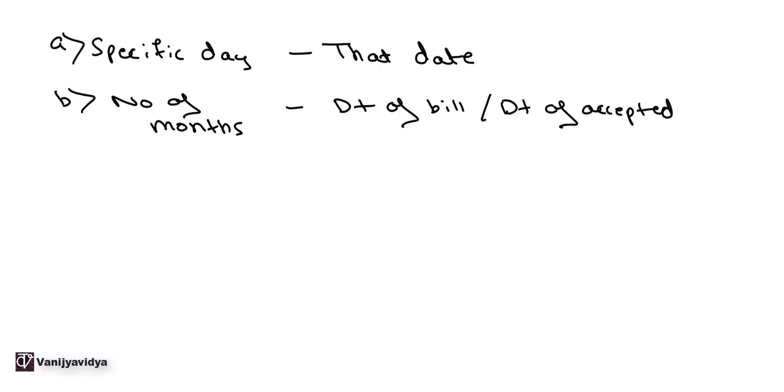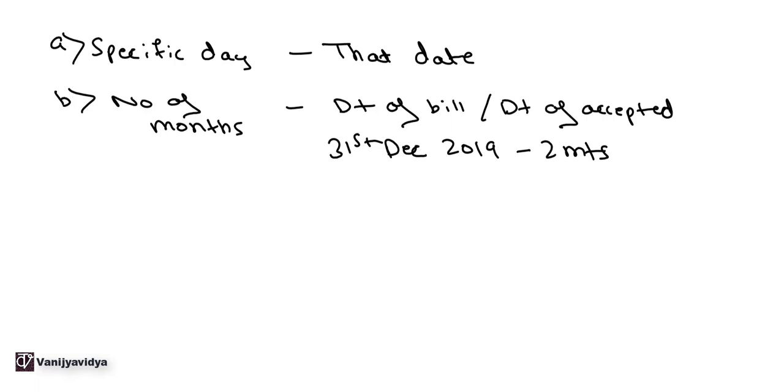Now say in certain cases the date on which the term expires is not in that month, then the last day of the month is considered to be the due date. For example, say the bill is drawn on 31st December 2019 for 2 months after date, then the bill will expire 2 months after 31st December 2019.